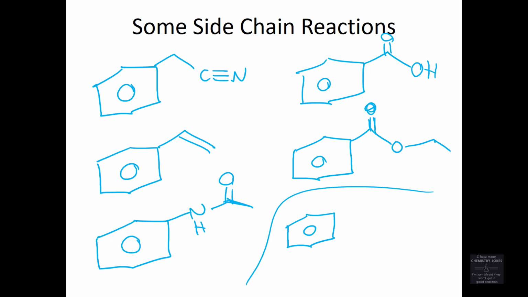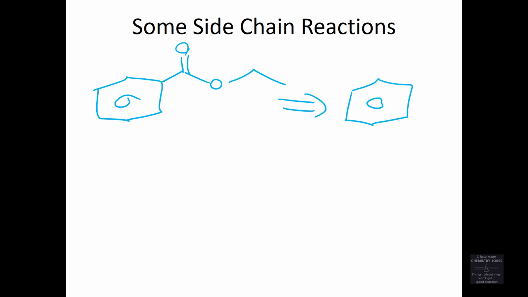Which one do we want to do next? Let's make this ester. Sure. Ester. If we're trying to make this guy from benzene, how the heck do we do that? Well, we could add on a carbon group. I don't know, a couple of carbons.